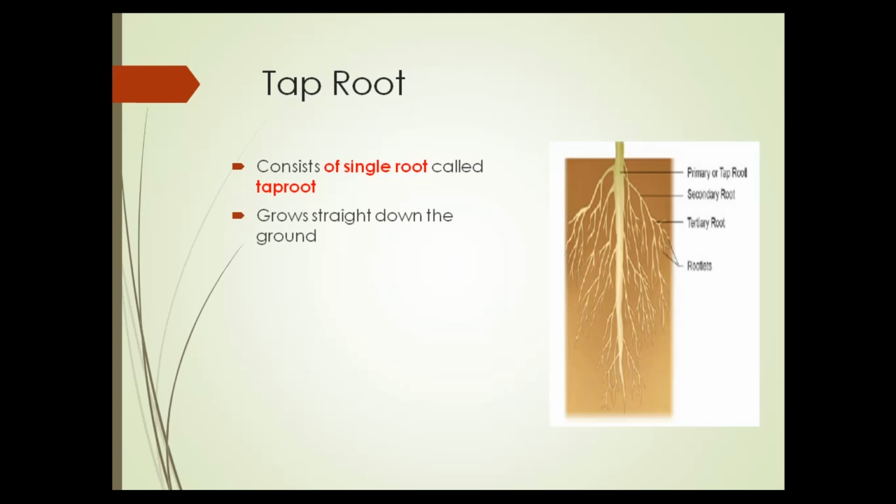It grows straight down into the ground. Smaller roots called lateral roots arise from the taproot. The first branch from the taproot is called the secondary root, as shown in the picture. And from the secondary root, you will see further growths called tertiary roots.